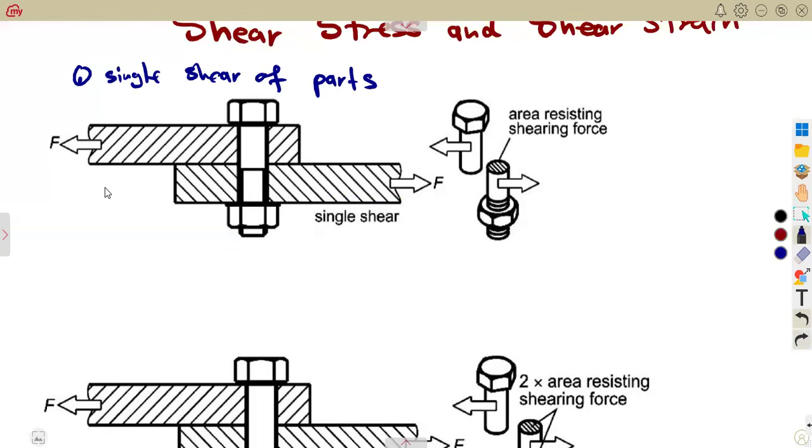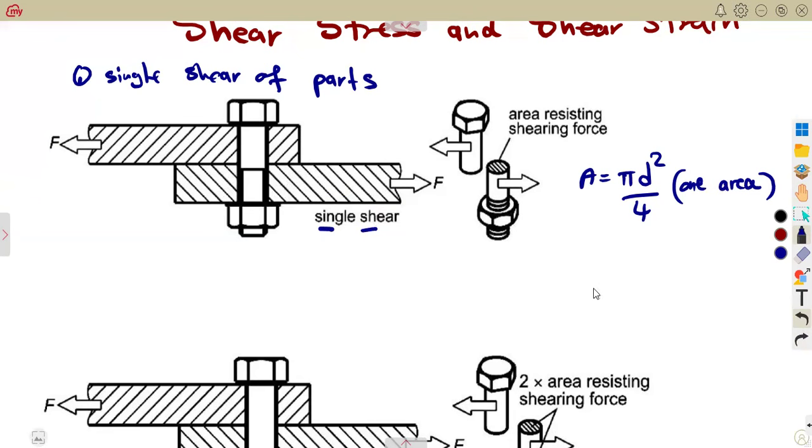It follows that in that case, the area resisting shear force is just one portion, just one unit of area that is affecting. As we understand, the area is given from what? From pi d squared over 4. It is going to be only one area considered. It's a single shear, so it affects your area as single.